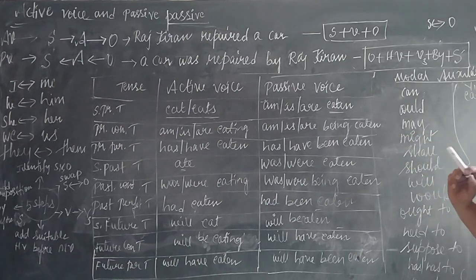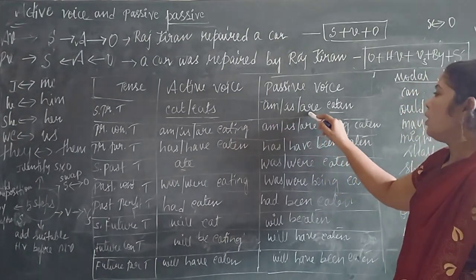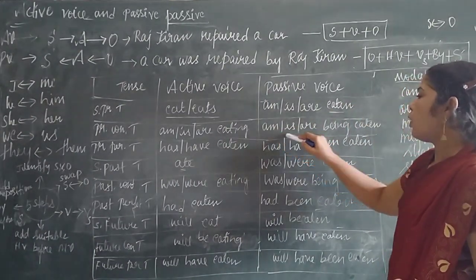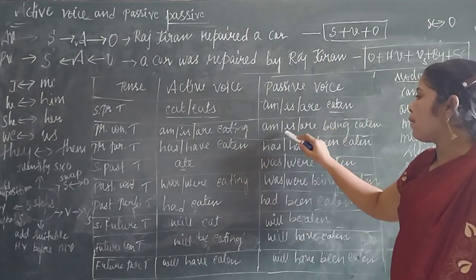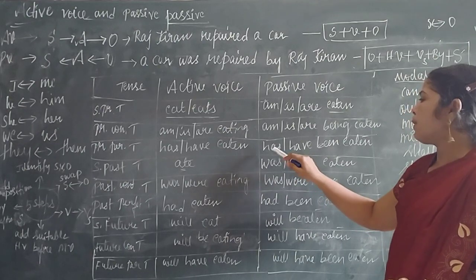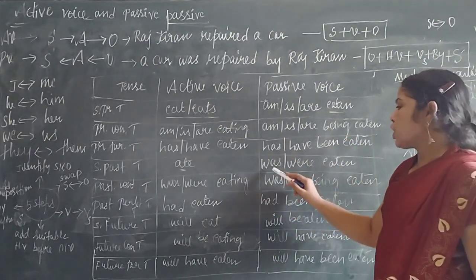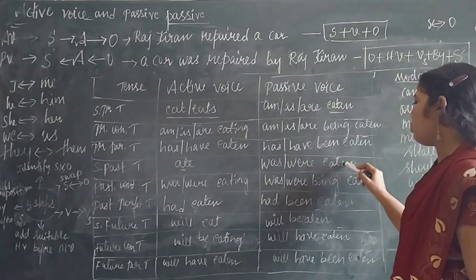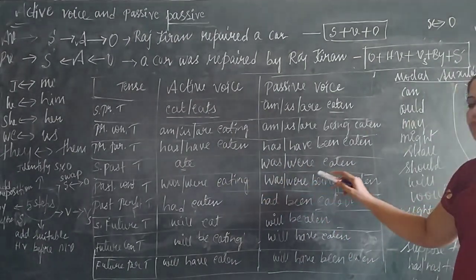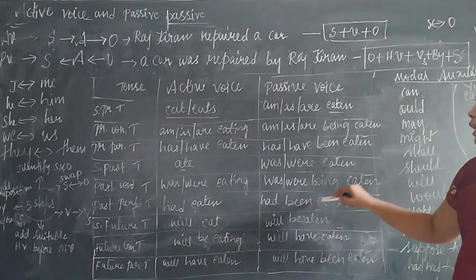It's quite simple. In simple present tense, we add the helping verb "am," "is," or "are" followed by the past participle. In continuous tense, along with the be form of the verb "am," "is," or "are," we add "being." And in perfect tense, for the helping verb "has" and "have," we add "been." In past tense, we add "was" and "were" followed by the past participle, and in past continuous tense "was" and "were" followed by "being," and in past perfect tense for "had," we add "had been."